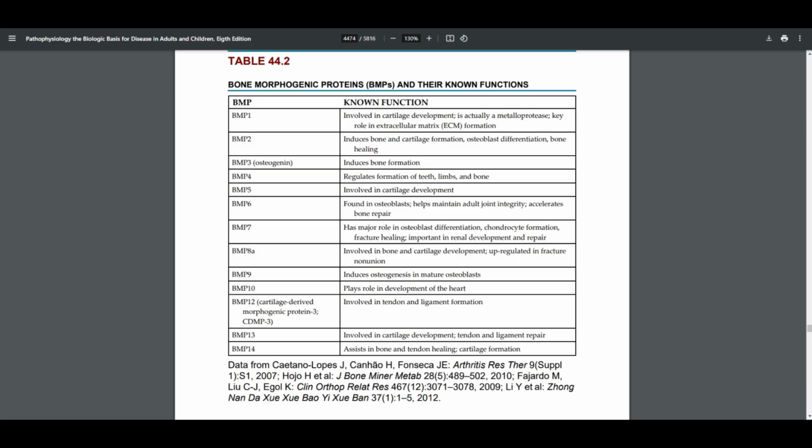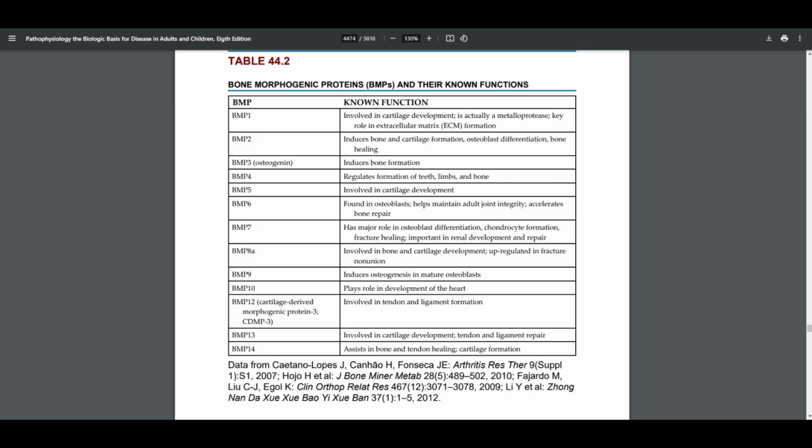BMP8A is involved in bone and cartilage development and is upregulated in fracture non-union. BMP9 induces osteogenesis in mature osteoblasts. BMP10 plays a role in development of the heart.